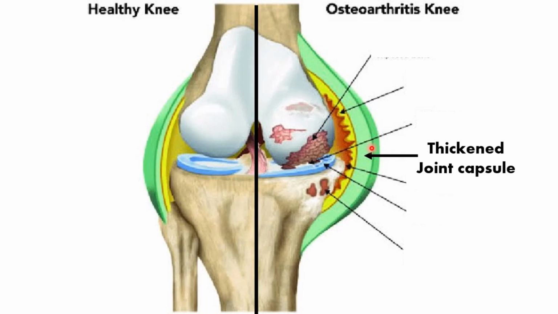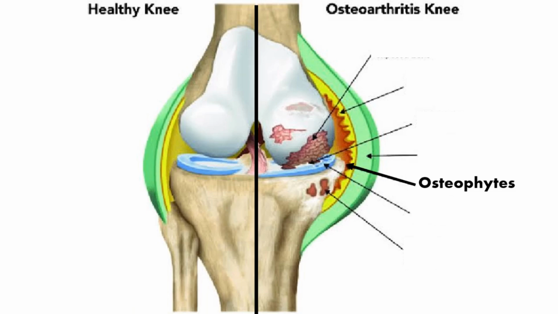So this enlargement of the joint, in most of these cases, is as a result of the thickening of the joint capsule. Okay, there's also what is known as osteophytes. These things happen depending on the stage of the osteoarthritis in the joint.